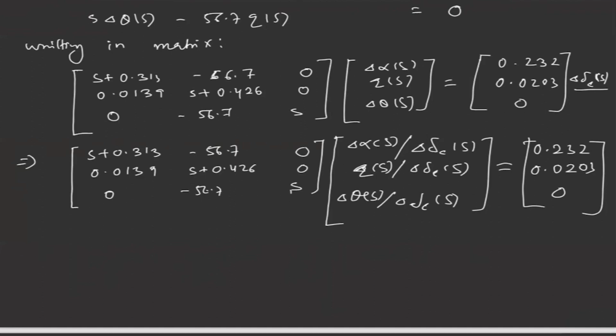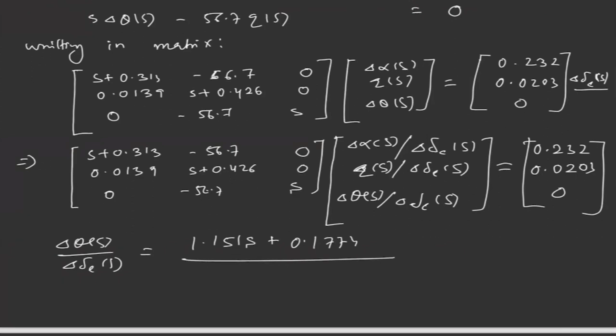So from this equation, for delta theta(S) and delta delta E(S), we can obtain (1.151 S plus 0.1774) divided by (S cube plus 0.739 S square plus 0.9215 S).